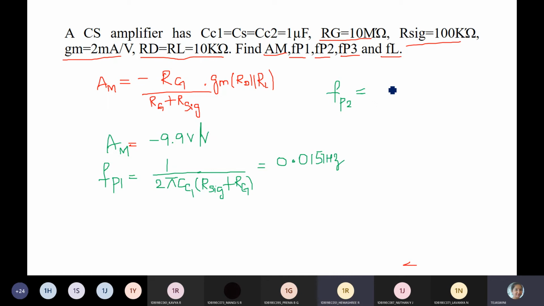Yes, ma'am. Okay, tell me the formula for FP2. It is GM by CS. That is omega P2. GMCS is correct, that is omega P2. Omega is 2 pi FP, right? Yes, ma'am. From that, what is FP2?